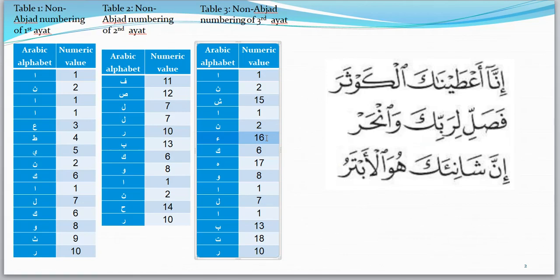But as I have told, a similar lecture is presented in part 3. There you will see that Hamza is numbered as 1, because in abjad analysis, Hamza and Alif are the same in abjad numerals.